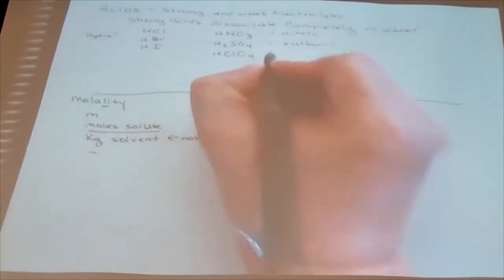Now, these ones with oxygen are oxidizing, which means they can take electrons away from other materials, which is how the nitric acid dissolved the copper, took electrons away from it. Sulfuric is not as good of an oxidizer as the others. It's slightly oxidizing. But nitric is a very good oxidizer, so that's why we use that one. But an even stronger oxidizer is this last one, HClO4.